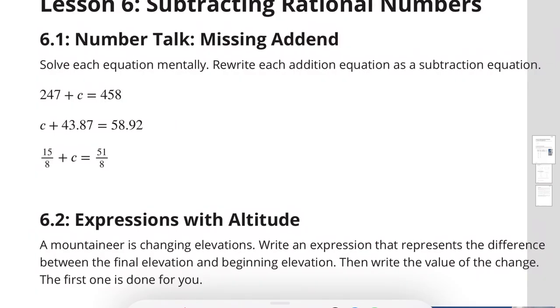To rewrite each addition equation as a subtraction equation, we would want to list our sum first.